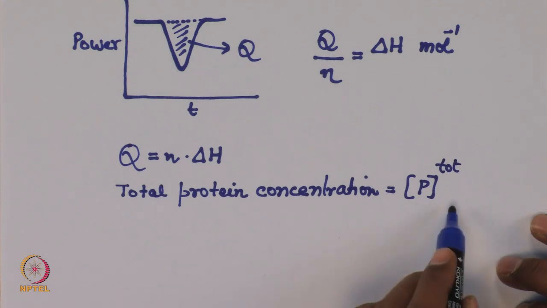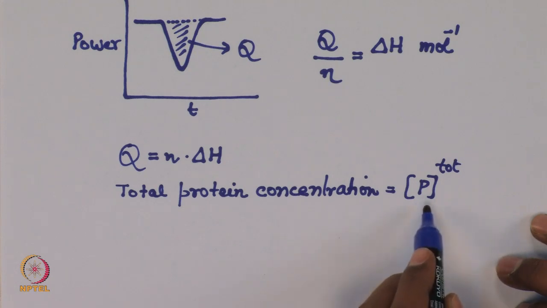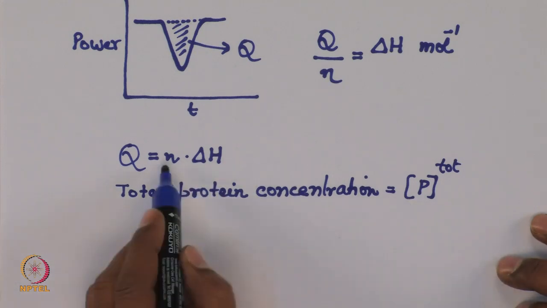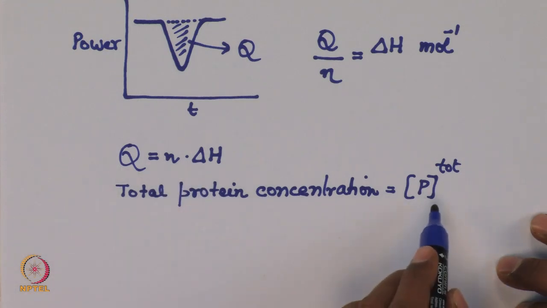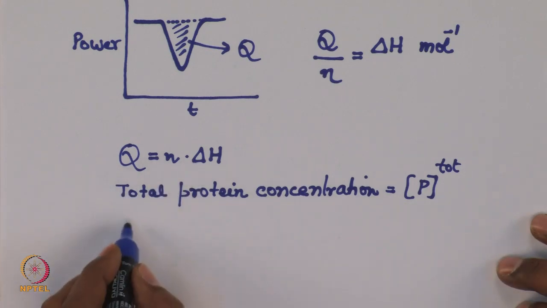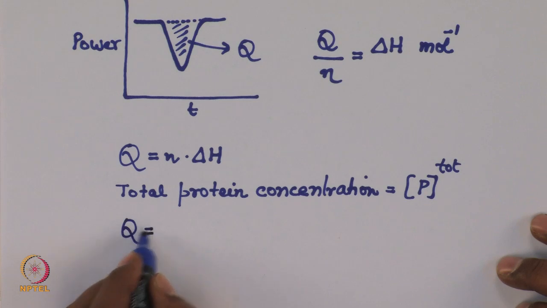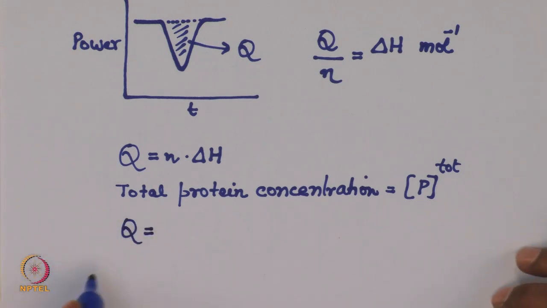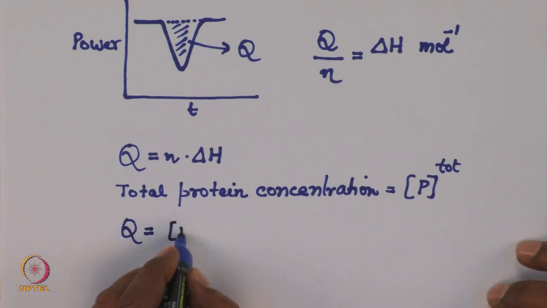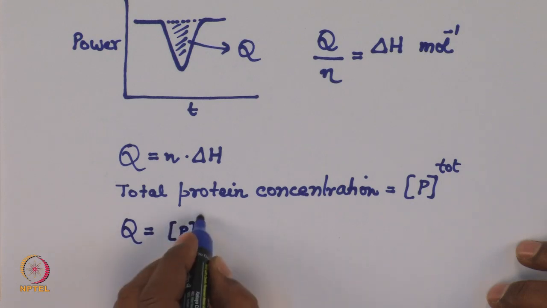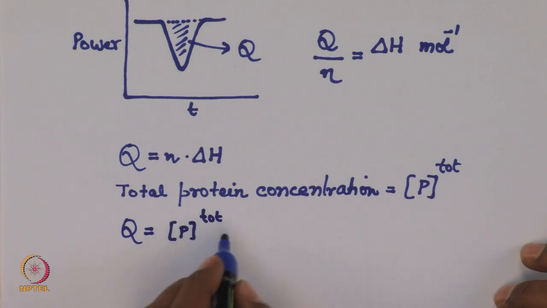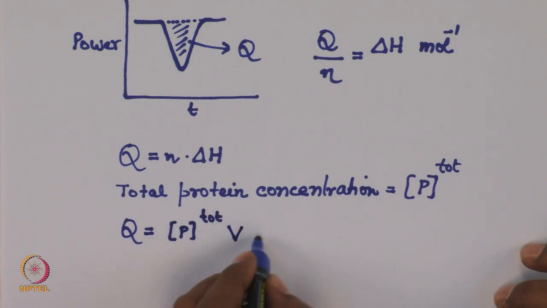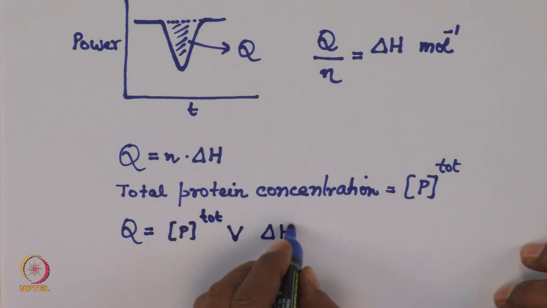It is moles per liter. That means, if I want to write in place of N, it will be concentration times the volume. So, in place of N, it will be the concentration of the total product formed times volume times delta H.